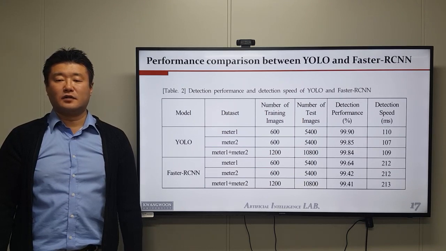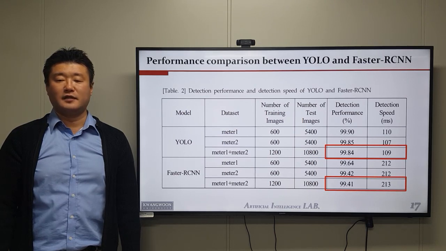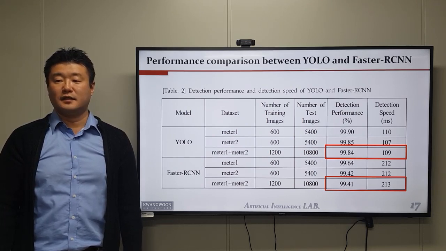As a result of the experiment, YOLO has slightly better detection performance than Faster RCNN, and the detection speed was almost twice as fast.